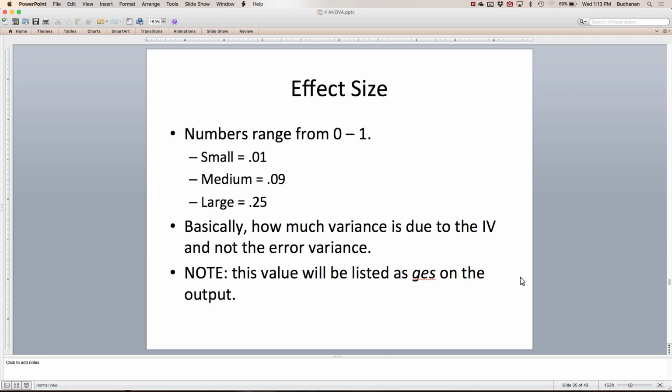So on the output in Easy ANOVA, it's listed as GES, which we'll do more next week, as generalized effect size. It's a version of eta squared, but it gives it to you automatically. You don't have to calculate it. Woo. Yes. Oh, you're going to be excited until you realize in the post-hoc test you have to calculate D. So I am working on a script that will allow you to calculate D in R, and I'm really close.